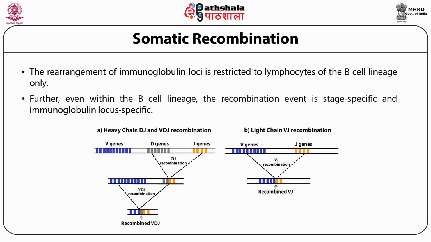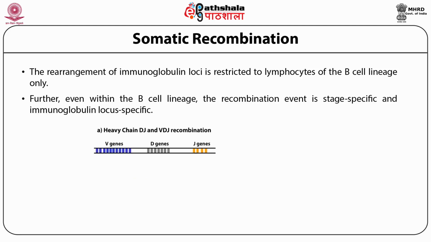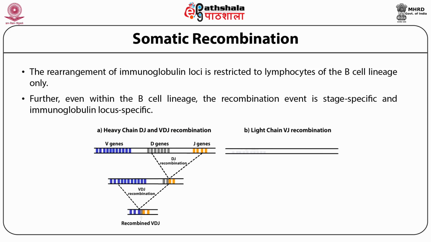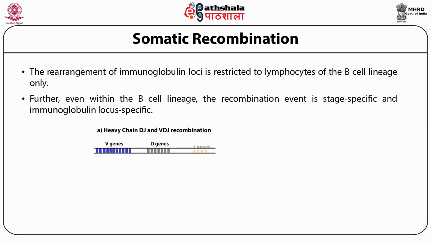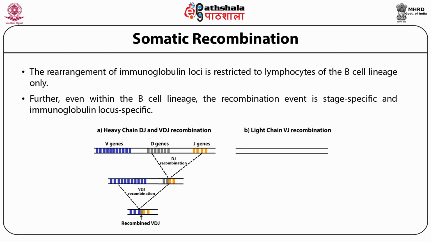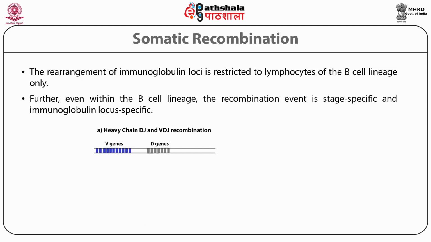Also, recombination between D to J genes, which is known as DJ recombination, occurs before recombination between V to DJ genes, which is called VDJ recombination. Once the rearrangement at IgH locus is complete, recombination begins at the light chain loci, which is IgK or IgL in case of humans. Since both IgK and IgL do not contain the D gene, they undergo V to J recombination only, and this is called VJ recombination.